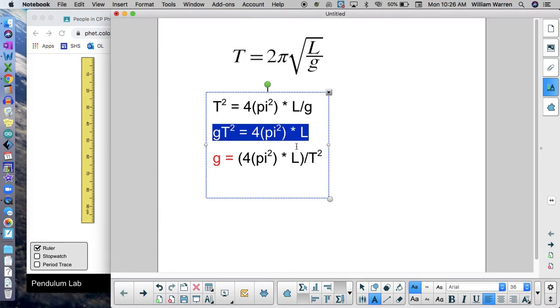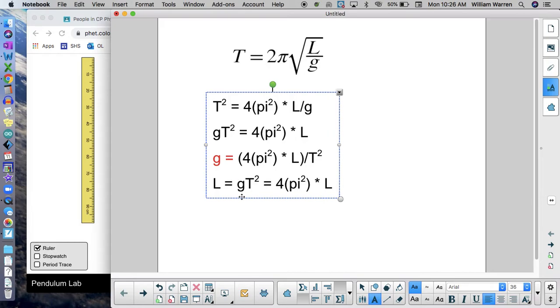Now let's do the same thing going to this formula up here. Solve it for L. Okay, well we want L alone. Let's just divide by 4 pi squared. So let's just take this whole formula, copy it, and bring it down here and say L equals.